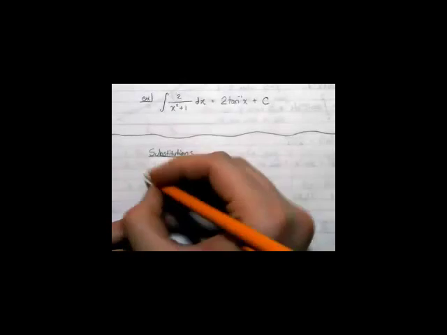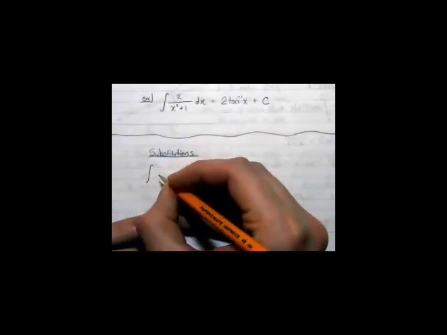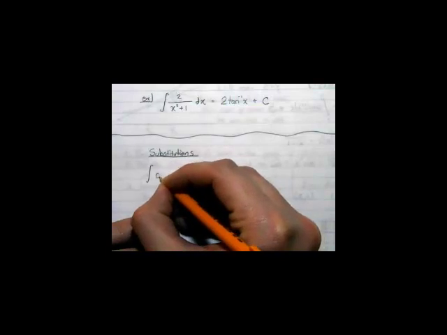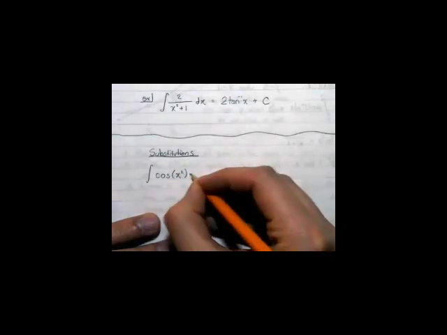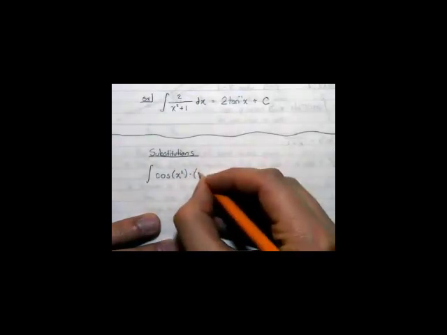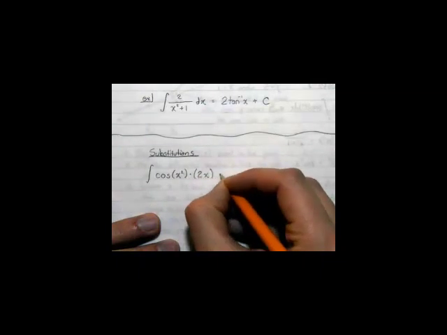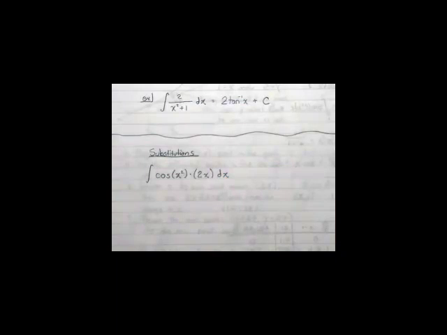So, let's say we got the integral of cosine of x squared times 2x.